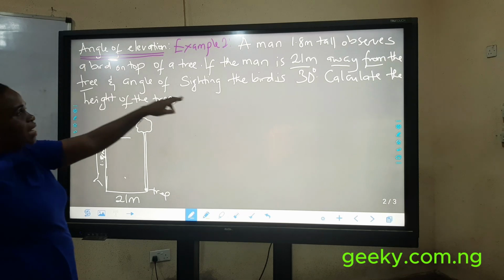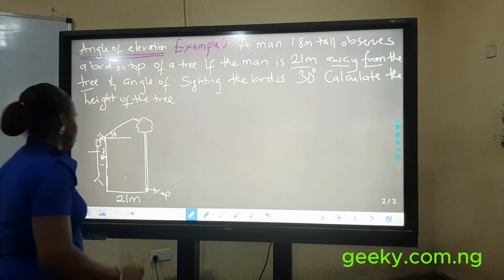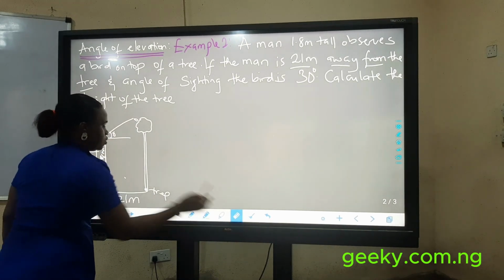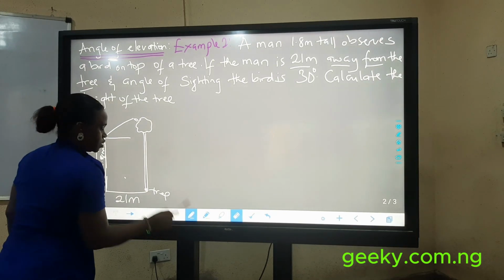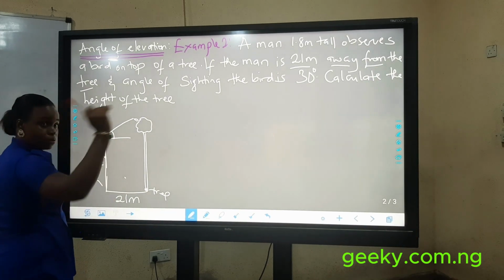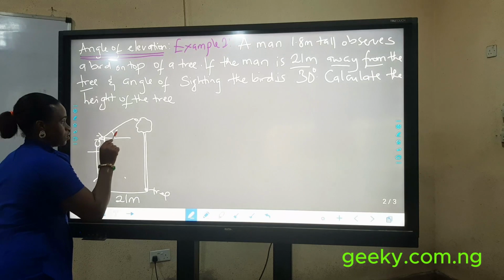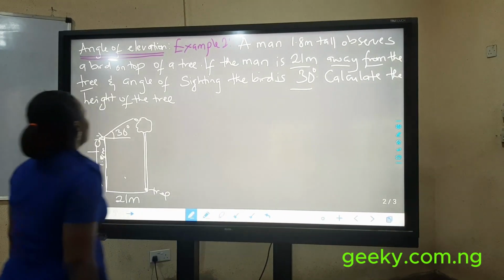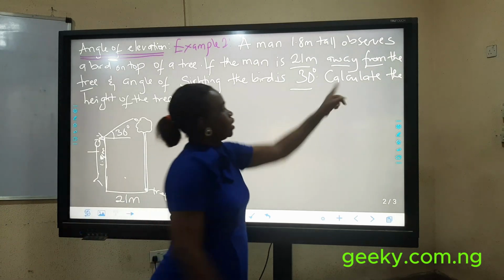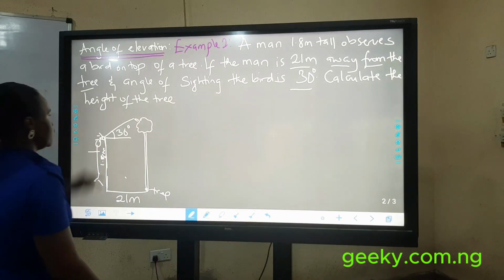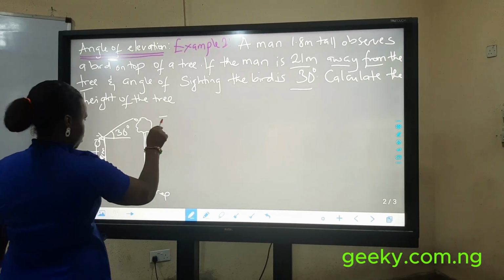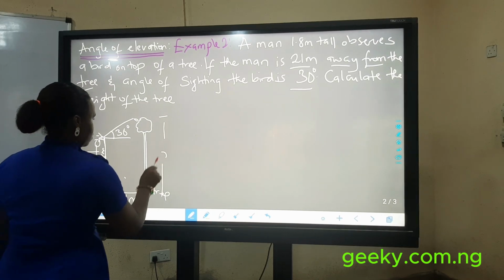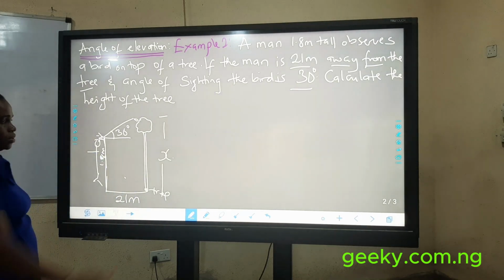And the angle of sighting the bird is 30 degrees. So our angle here by which the man was able to see the bird is 30 degrees. Calculate the height of the tree. So we have to find all of this. This is our question.